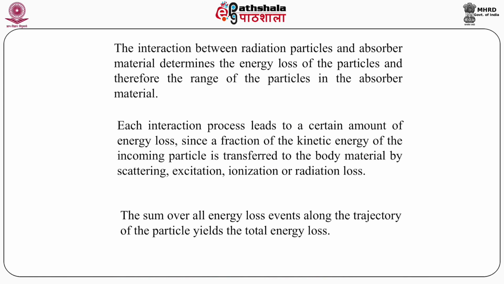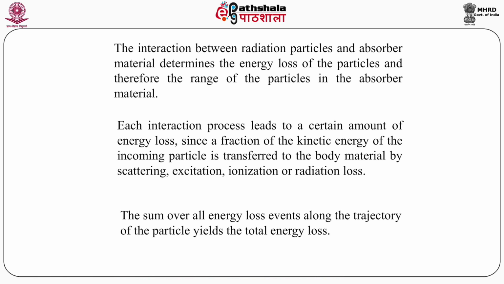The interaction between radiation particles and the absorber material determines the energy loss of the particles and therefore the range of the particle in the absorber material. We are talking about charged particle radiation, and how it interacts with the medium; the amount of energy absorbed in the body depends on its interaction.